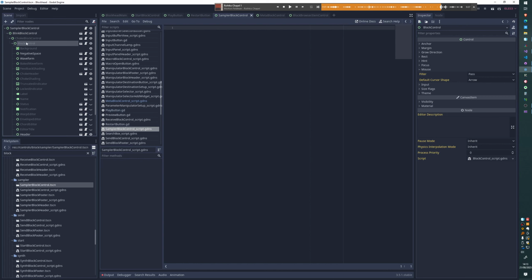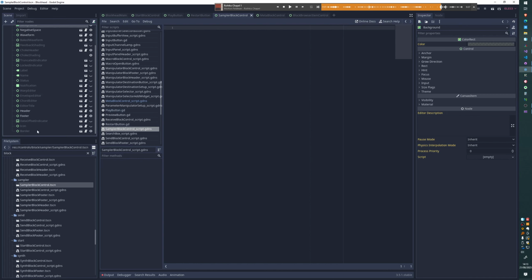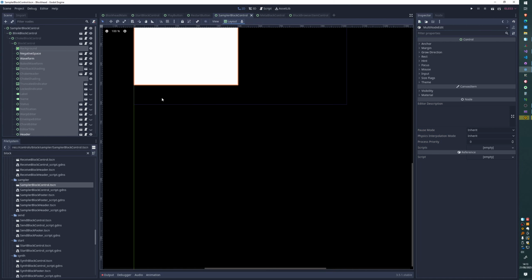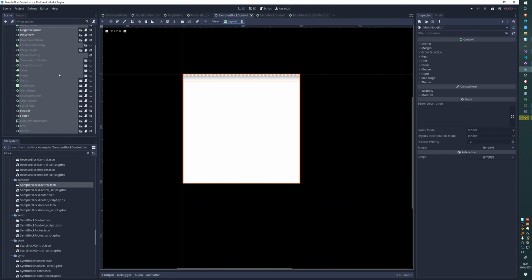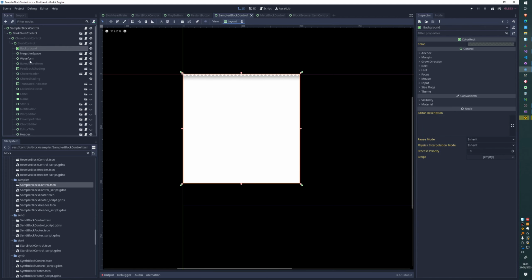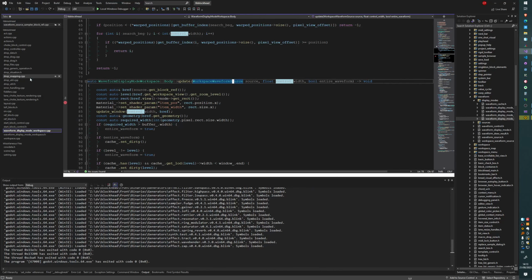So all of these sub-elements of the block, they used to be just part of the top level control. And now they're nested in here. Okay.